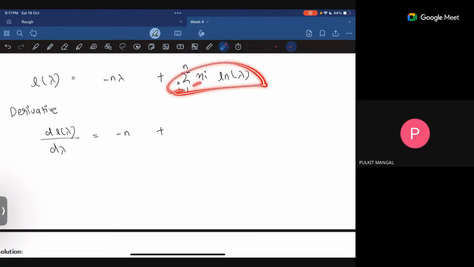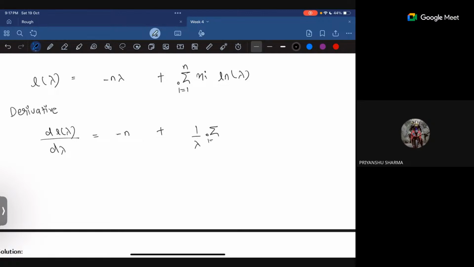What would be the derivative for the other term? 1 over lambda multiplied by the summation of i to n xi. So the summation remains as it is, multiplied by 1 over lambda. Good. We will set this to 0 and we get lambda as 1 by n times the summation of xi.